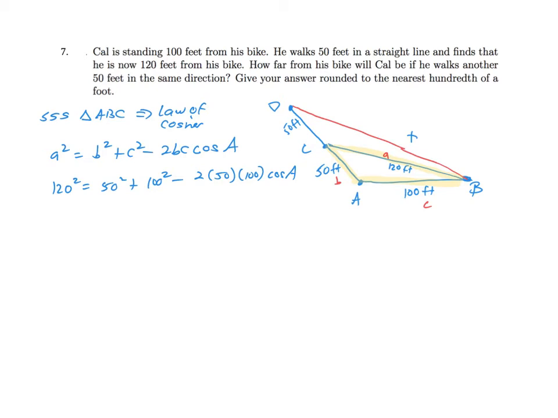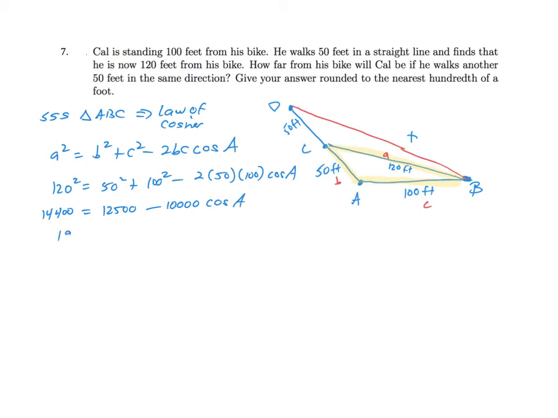Okay, once we have that, we start entering things into our calculator. So 120 squared is 14,400. It is equal to 50 squared plus 100 squared, which turns out to be 12,500, minus 2 times 50 times 100, which is 10,000, cosine A. You will subtract 12,500 from both sides.